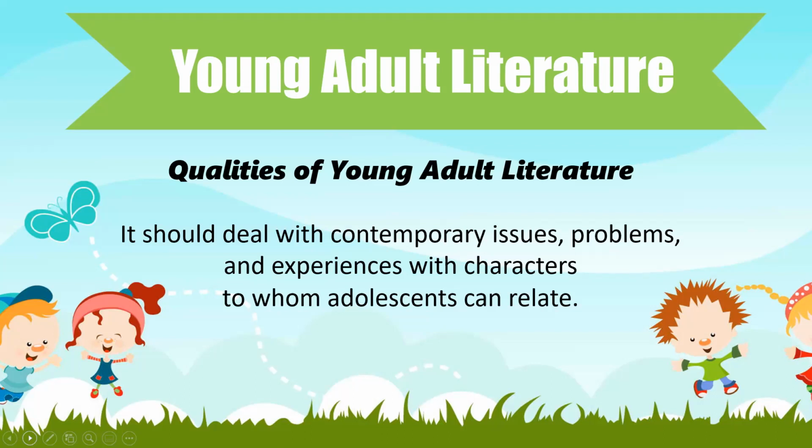So this includes topics such as dealing with parents or other adults in authority. These are common in stories of young adults. Facing illness or death, dealing with peer pressure. This is also another common theme in young adult literature. So, peer pressure. And what else?